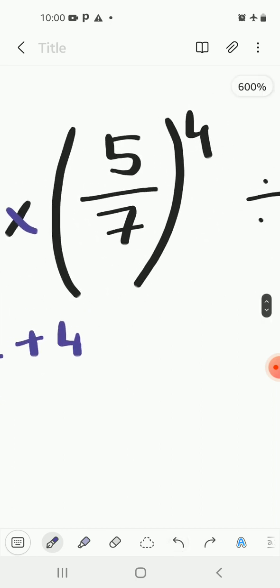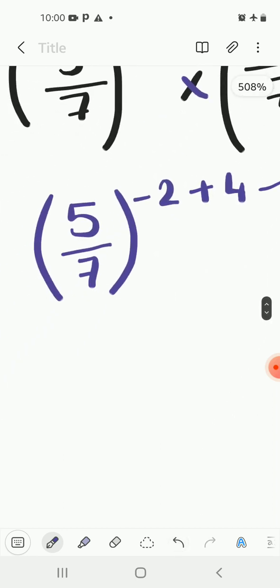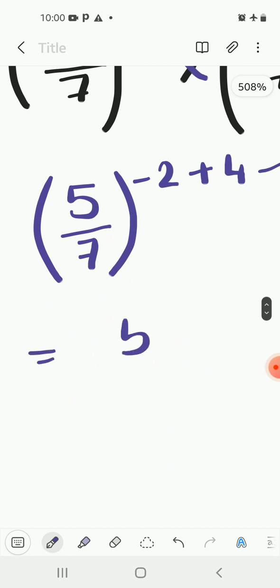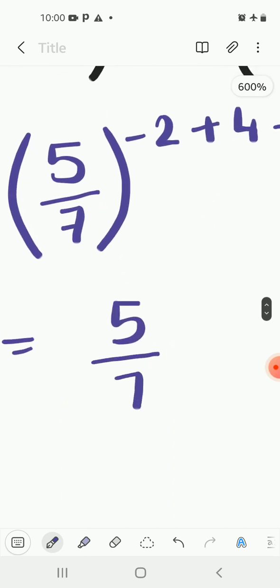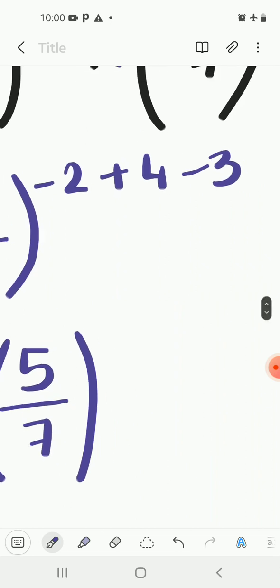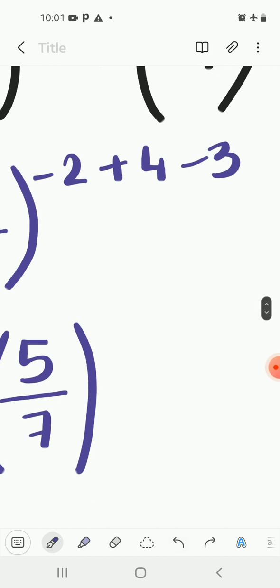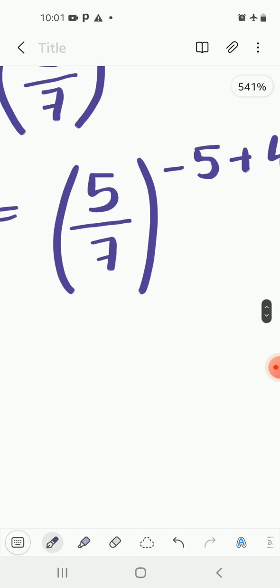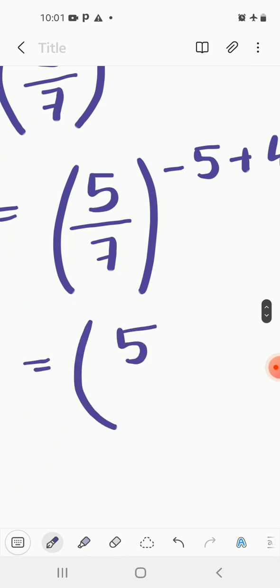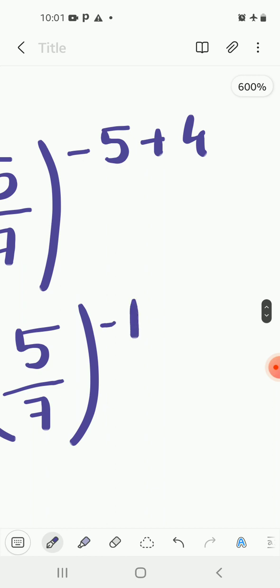So the last number, minus 3. We are going to solve this. See here, there is −2 −3, so this becomes −5 plus 4, which means (5/7)^(−1).